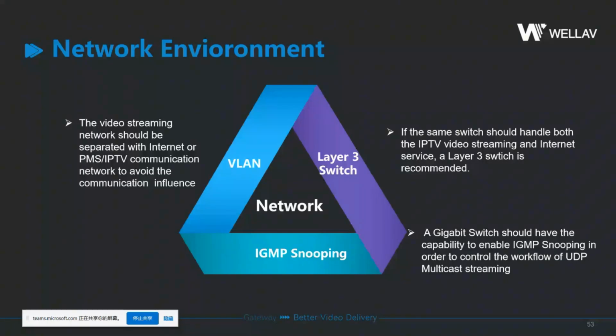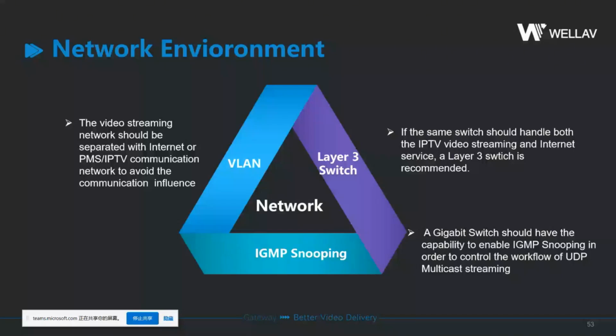The third part is VLAN. VLAN is sometimes used in order to separate the data flow. The UDP multicast stream used for TV service typically has a dedicated VLAN ID, so the data flow of the UDP multicast stream will not affect the internet service.